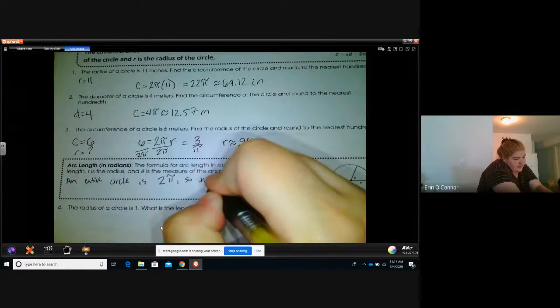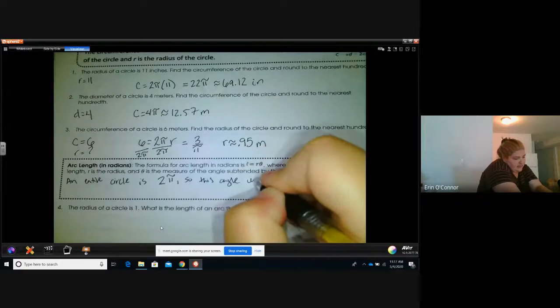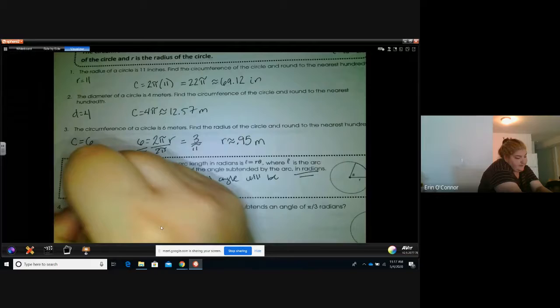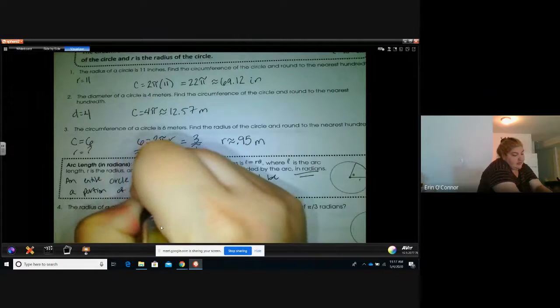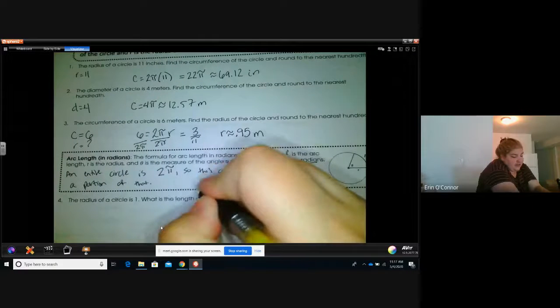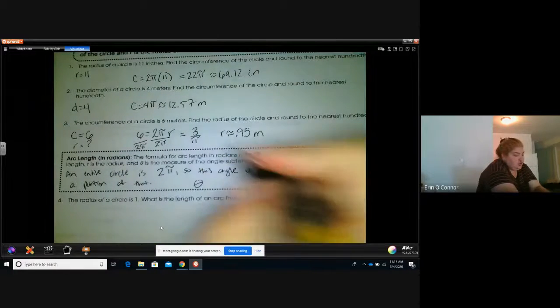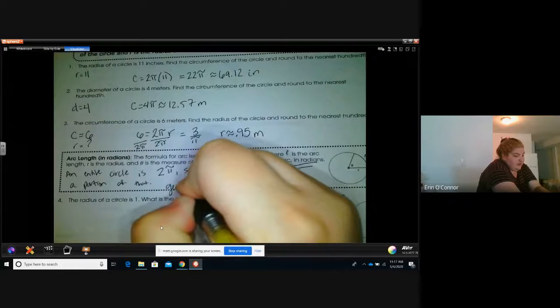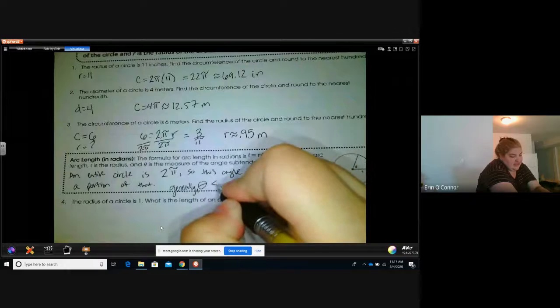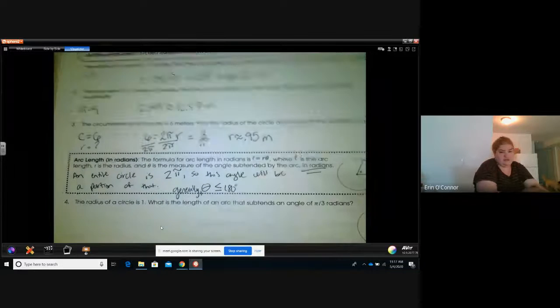So this angle will be a portion of that. And we're always going to look at the angle that is less than 180. So generally, if you're not given any other information, theta is going to be less than or equal to 180 degrees. So that should help you out a little bit.